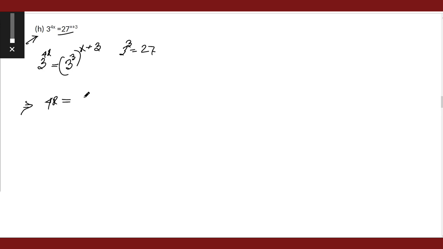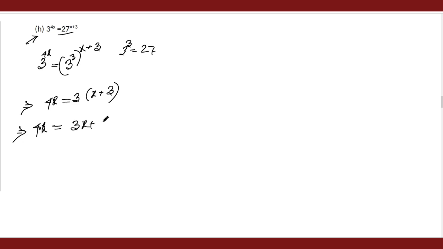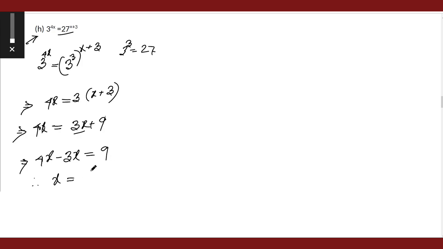Then we can write 4x is equal to 3 multiplied by x plus 3, that is 4x is equal to 3x plus 9. If we take 3x from this side to the other side, then it will be 4x minus 3x is equal to 9. So 4x minus 3x is x, and we have x is equal to 9, and that is our answer.